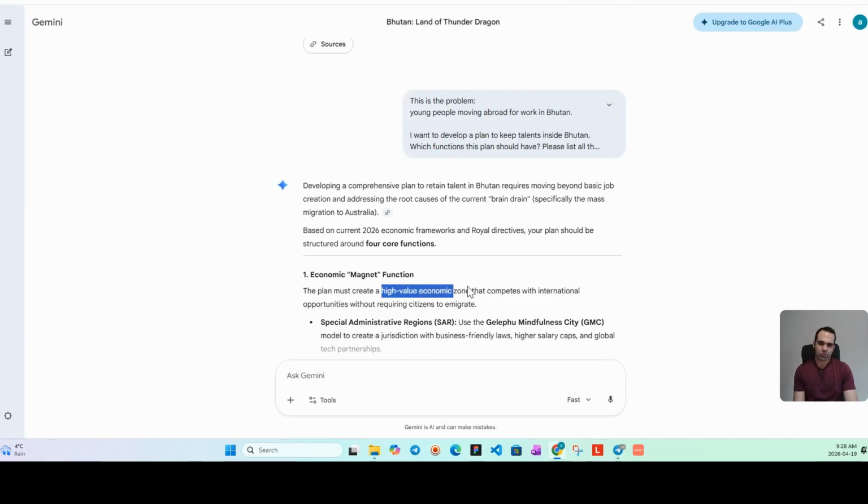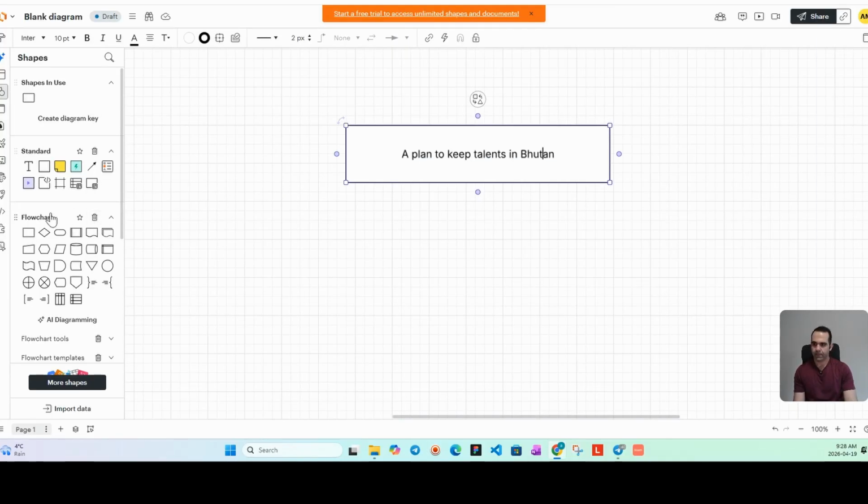High value economic zone. So one of the functions that we need here is high value economic zone.